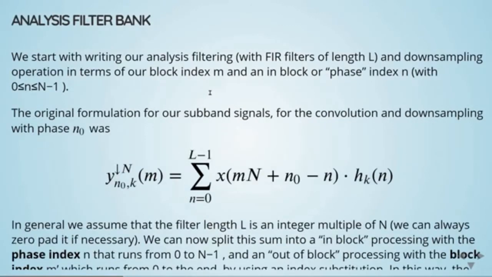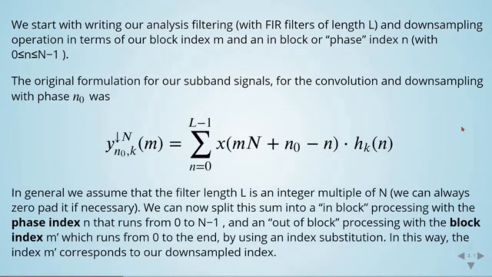The original formulation for our subband signals for the convolution and downsampling with phase n0 was given by this equation here. Here we have our phase n0. Here is downsampling, and we have the sum n going from 0 to L minus 1, where L is the filter length of our FIR filter.